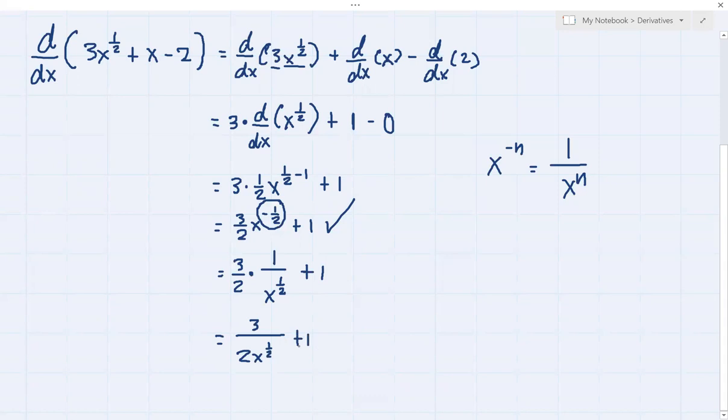Alright? And if you don't want a fraction exponent, you can convert it to a radical term. Remember that when we have a term with an exponent that is a fraction, this would be the m-th root of x raised to n.